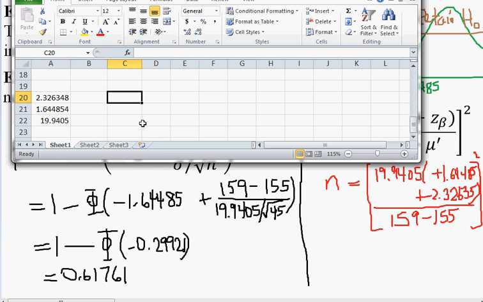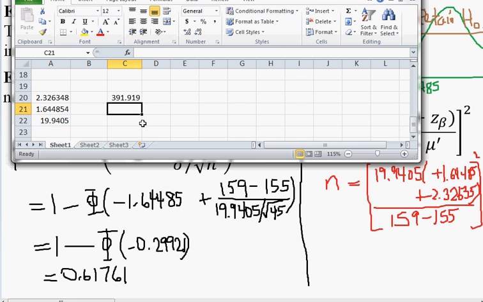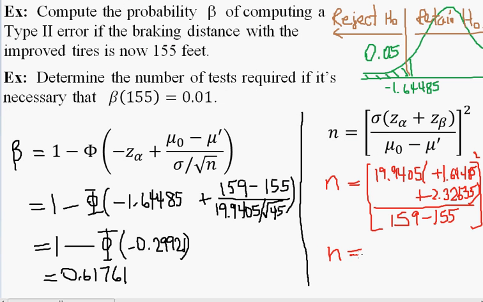So doing the computation, this will be equal to the standard deviation times the sum of those two z-values, divided by 159 minus 155, whole thing squared. So it takes a lot of tests, about 392. So that's how much testing will have to be done, we project, in order to obtain a beta as required, that beta of 155 is equal to 0.01.